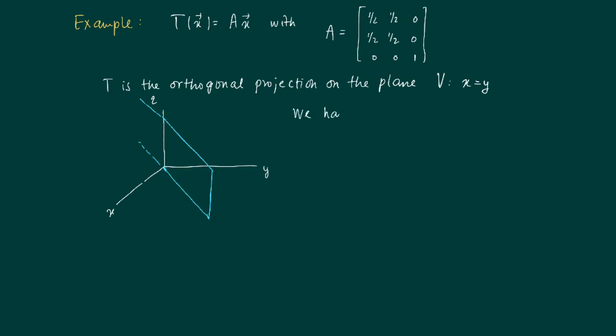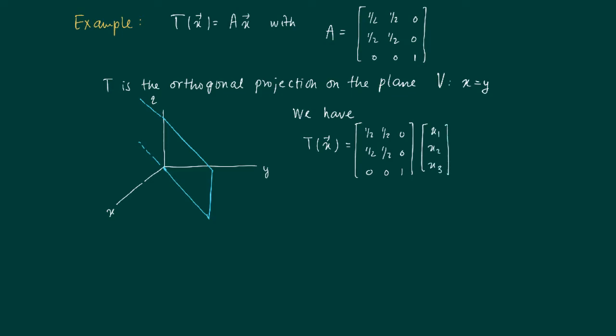So we have the following. Here we're going to rewrite T of x. Since T of x is the matrix A, half, half, 0, half, half, 0, 0, 0, 1, times the vector, now we're going to write its coordinates, x1, x2, and x3.